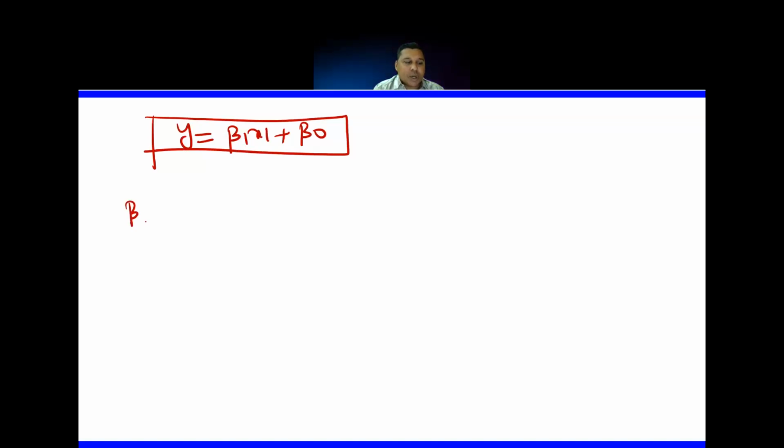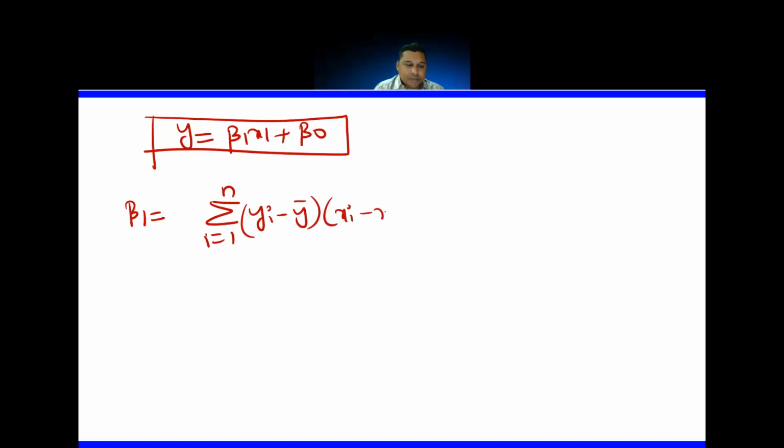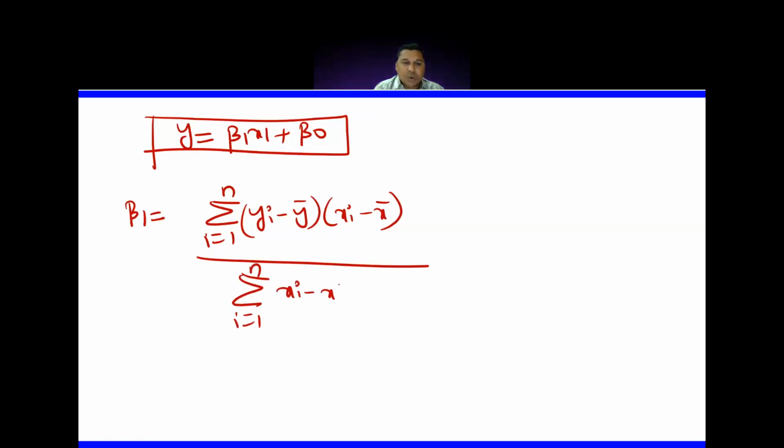Beta 1 can be found like this: sigma i equal to 1 to n, (yi minus y bar) into (xi minus x bar), divided by sigma i equal to 1 to n (xi minus x bar) whole square. This is one mathematical equation which will help us in finding the value of beta 1. It's an unknown for us.